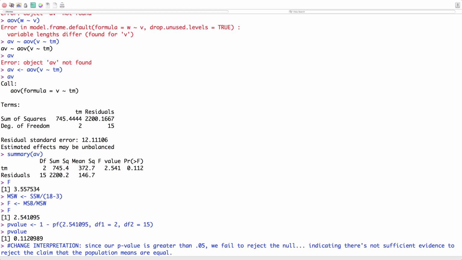All right, so there's not sufficient evidence to reject the claim that the population means are equal.